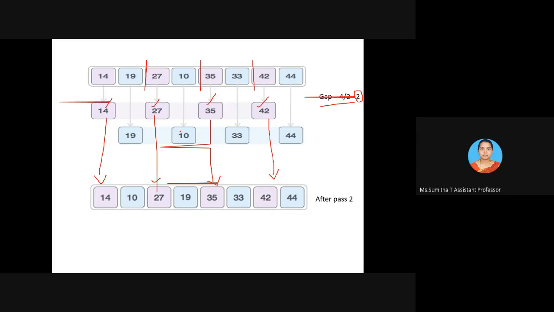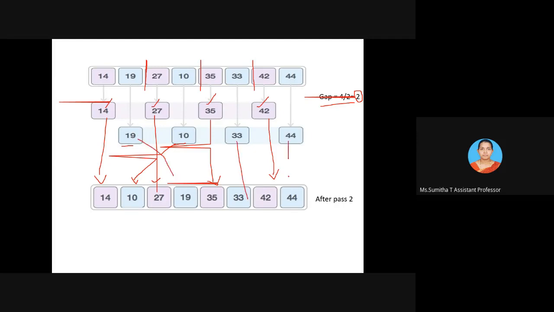And then the second element in each set: 19, 10, 33, 44. We have to arrange these, right? The 10 is smaller, so we keep element 10 in the second position, and then here 19, here 35, here 44.